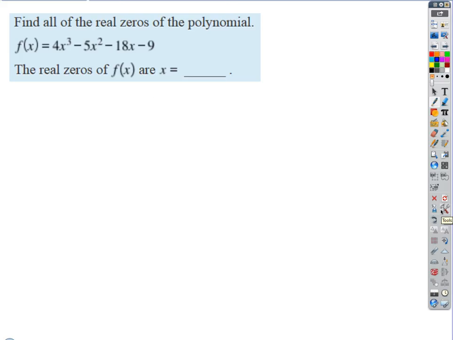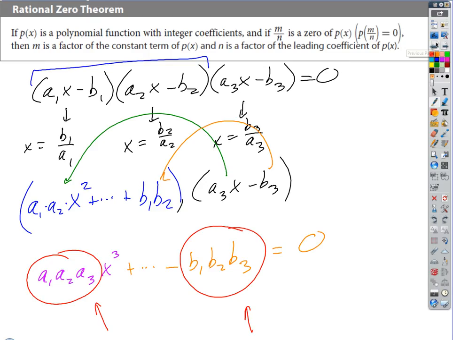We have the rational root theorem, right? So what are all the possible roots that we could try? All of our roots would have to be of the form of some fraction where on the top we'd get all the factors of what? If we're going to have a fractional zero, the numerator would have to be a factor of the constant, and the denominator would have to be a factor of the leading coefficient, right?